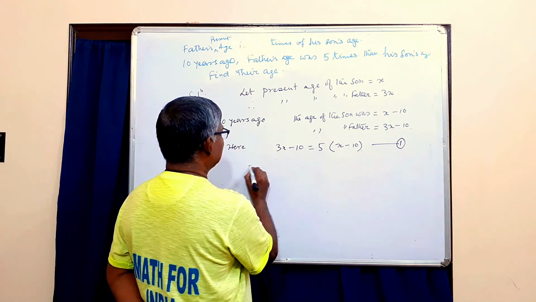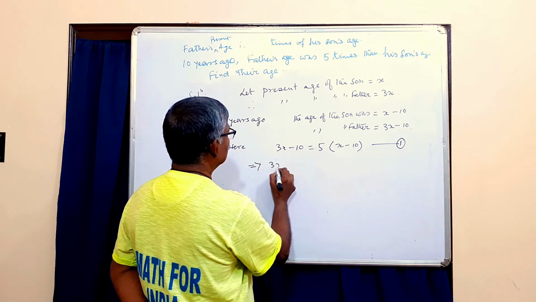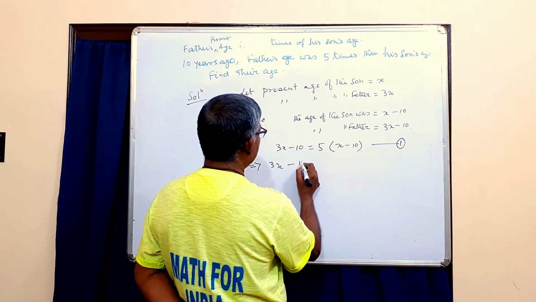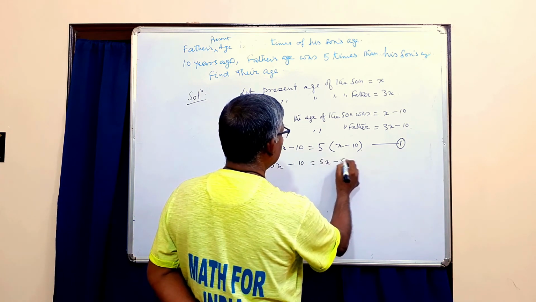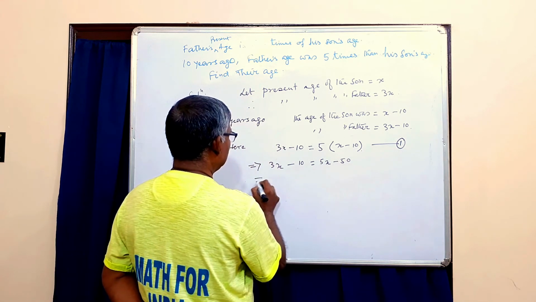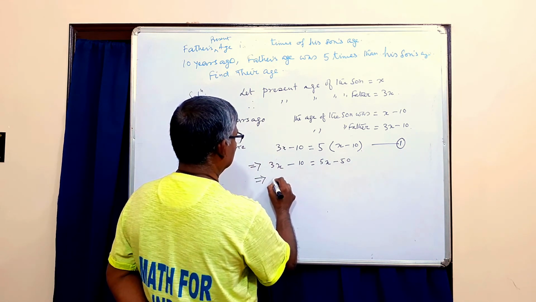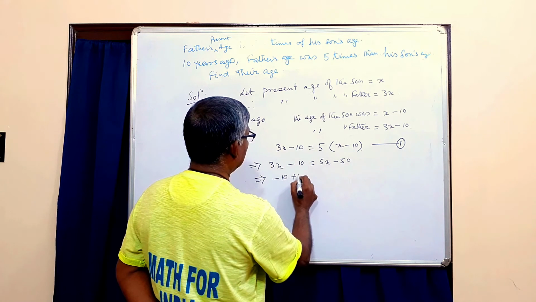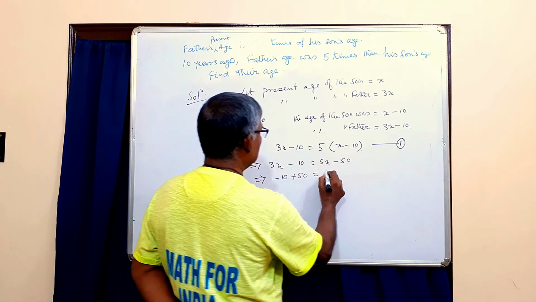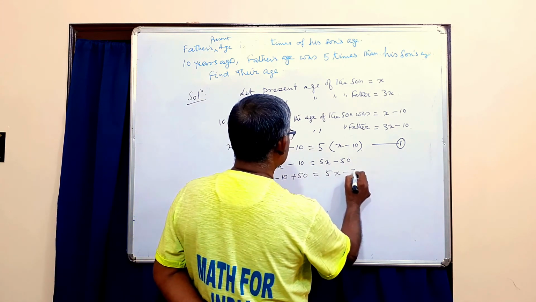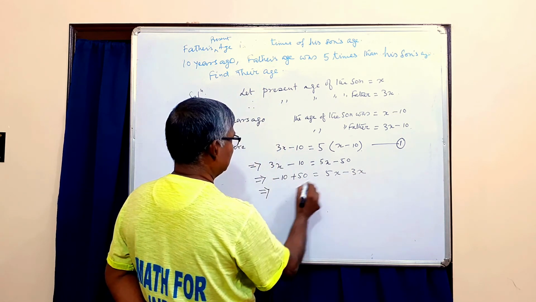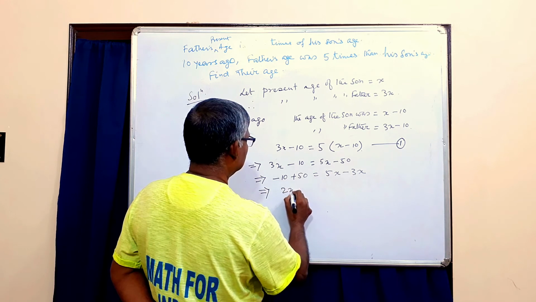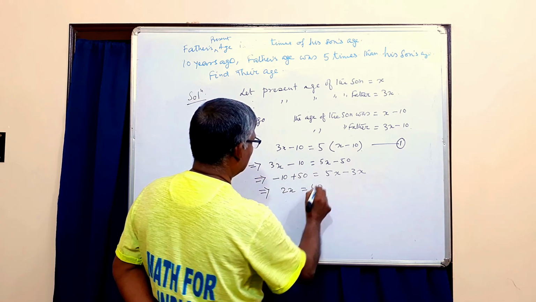From this we can write 3x minus 10 equals 5x minus 50. This implies that minus 10 plus 50 equals 5x minus 3x, or we can write 2x equals 40.